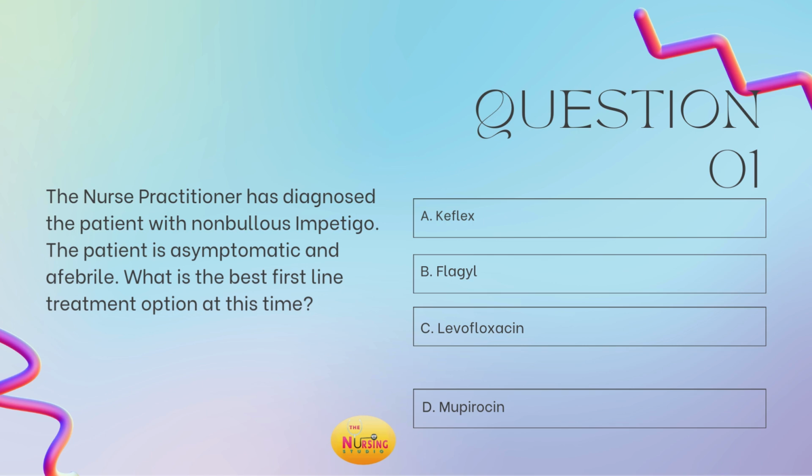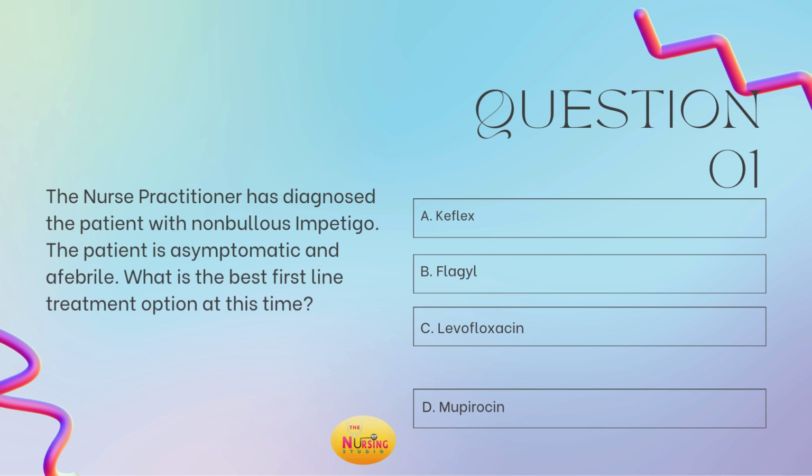Here they have provided us with a diagnosis, and the diagnosis is non-bullous impetigo. But it's also asking you for the best first line treatment also. So you need to pay attention to those key terms because that can help you narrow down your answer choice, okay? And don't let those little terms be the reason that you miss a question that you know the answer to. So the patient has non-bullous impetigo.